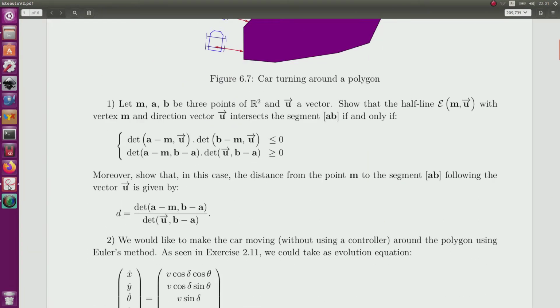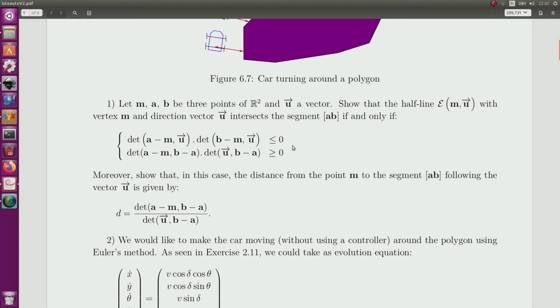We have the point M, A and B corresponding to the segment, and U the direction of the laser. So the laser corresponds to a half line that will intersect the segment, and we have to show that the intersection conditions between the segment and the half line are given by these two inequalities.